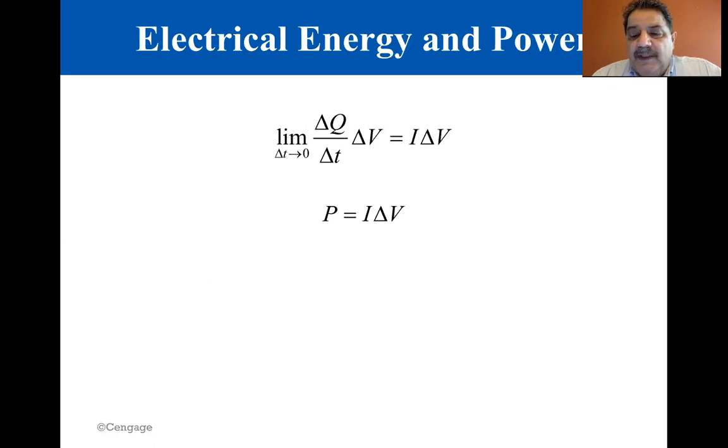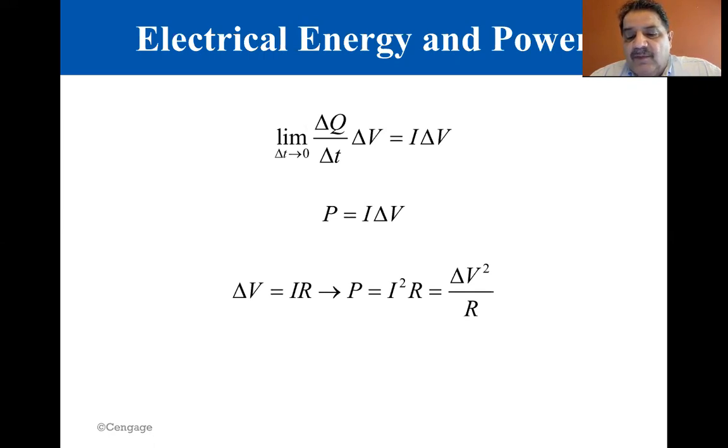This equation can be used to determine the power transferred from a voltage source to any device carrying a current I and having a potential difference delta V between its terminals. Since delta V equals IR for a resistor, we can express the power delivered to the resistor in two other ways, when I is in amperes, delta V in volts, and R in ohms.